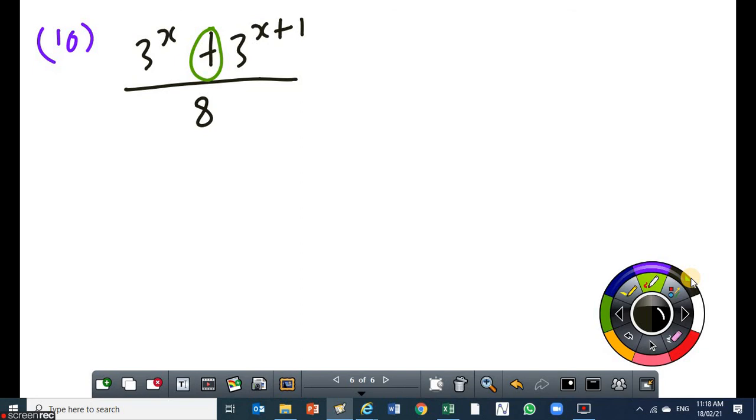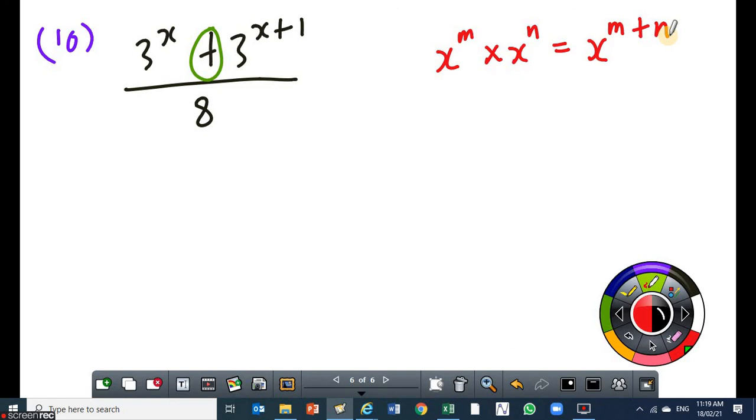What you do is you go back to law 1. This is extremely important. Make sure you pay attention. Law 1 says x to the power of m times x to the power of n is equal to x to the power of m plus n. That's the first law of exponents.